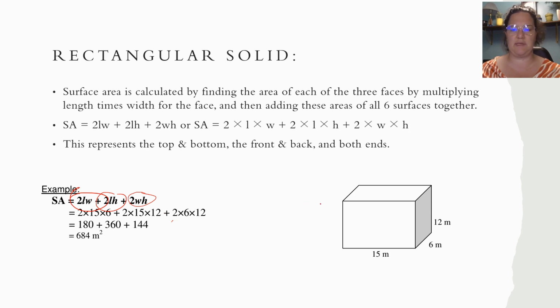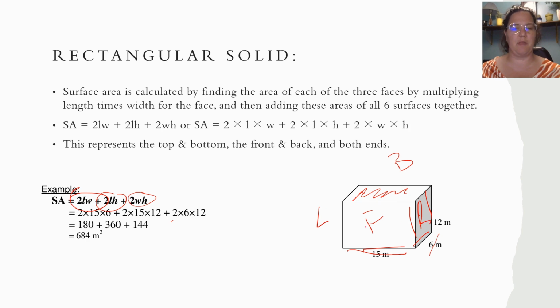So if this is the length and the width, 15 by 6, that would be, say, like the top and the bottom. And then we have 2 times the length and the height, so that would be the front and the back. And then we have 2 times the width and the height, and that would, say, be the left side and the right side.